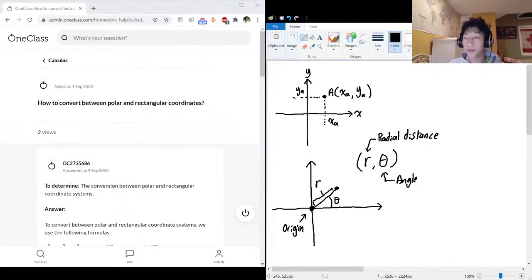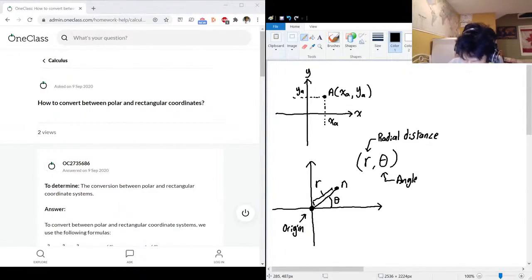Okay, so the secret sauce to the conversion between rectangular and polar is, first we got to know that it is always possible to convert between polar coordinates and rectangular coordinates. We just need to find the conversion. Now you see how, just looking at this, it does have a triangular-like shape.